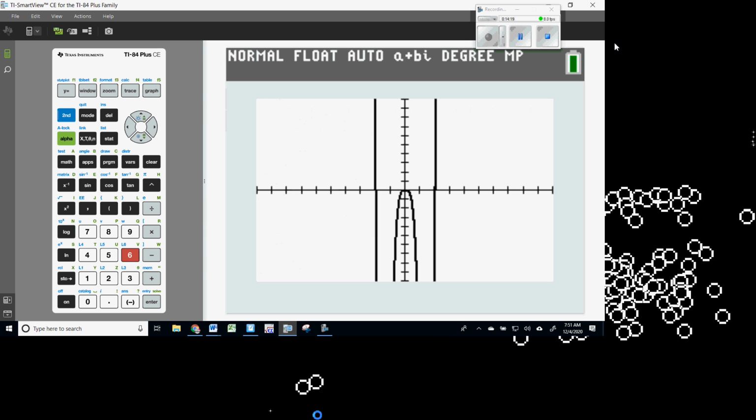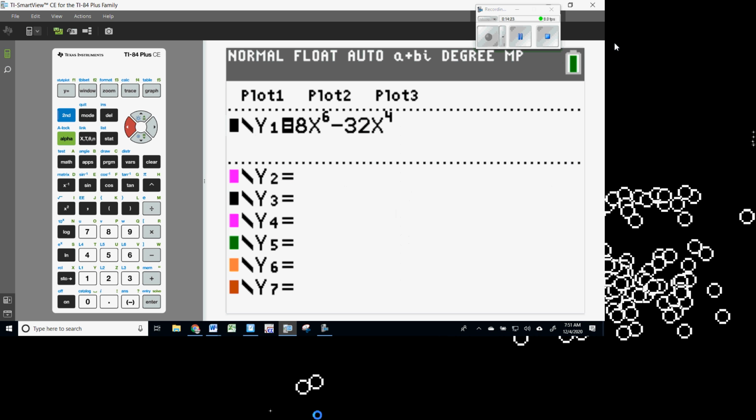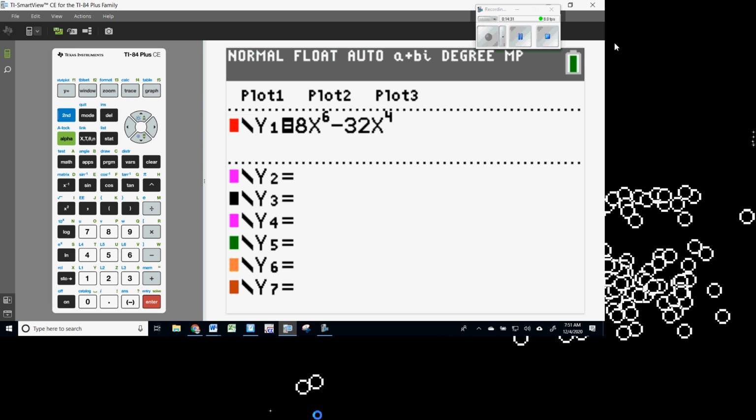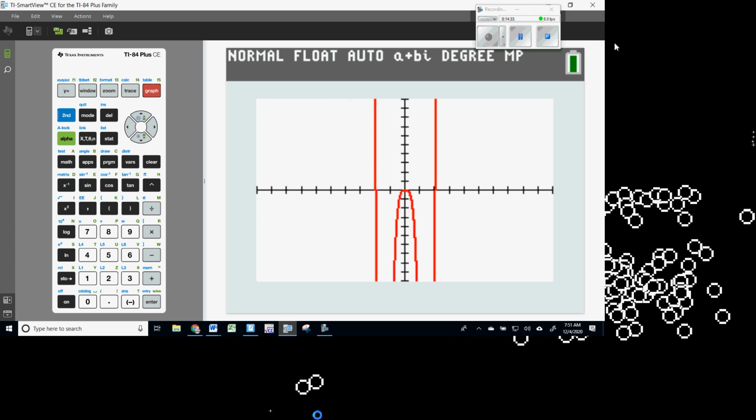Let me change my color here so we can see it a little bit better. Let's go red. So when we graph it, where does it cross the x-axis?